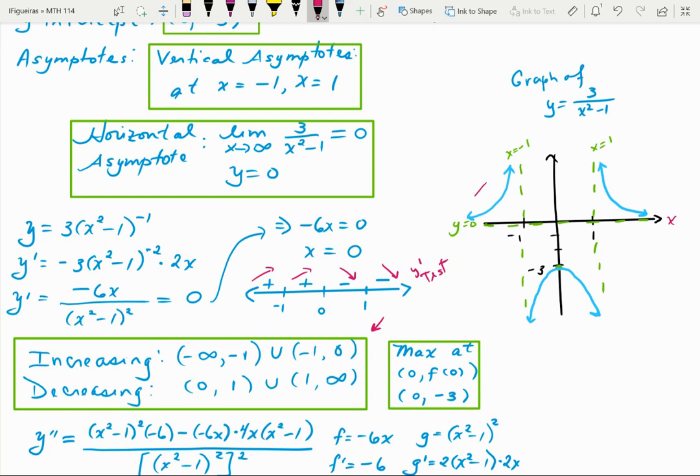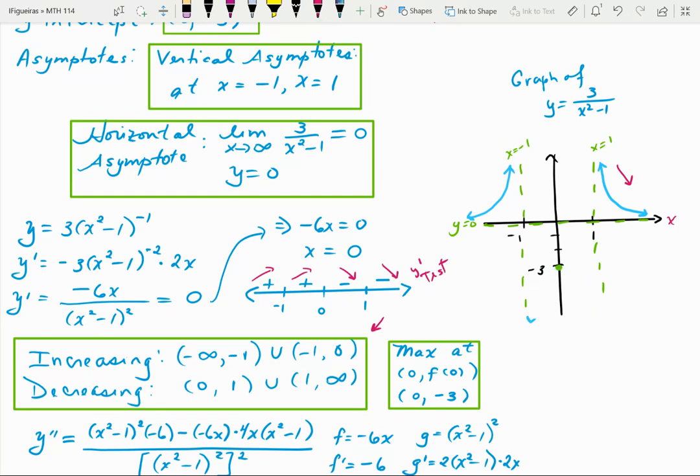So this is increasing, this is increasing. So far, so good. It's decreasing from 0 to 1 and from 1 to infinity. Okay, so our increasing and decreasing portions look good.